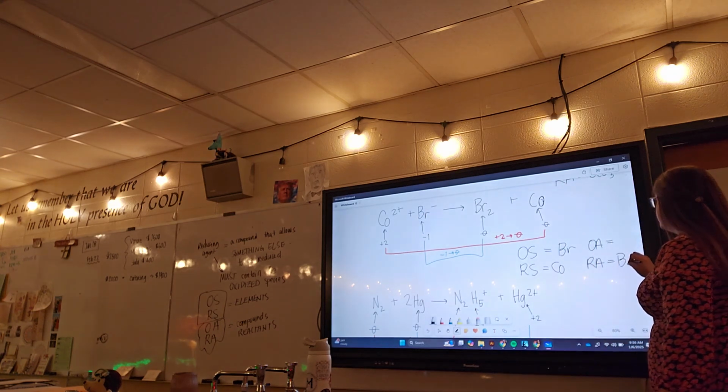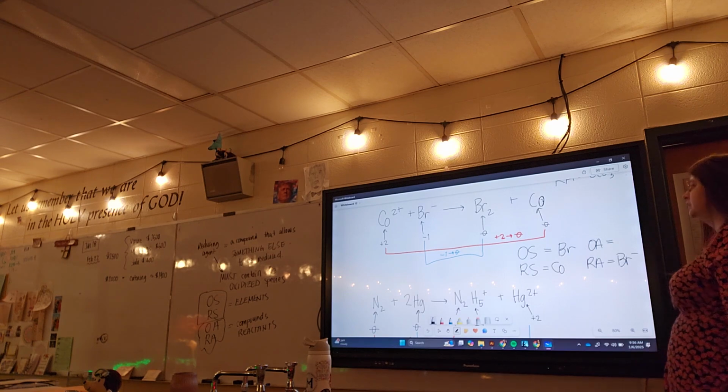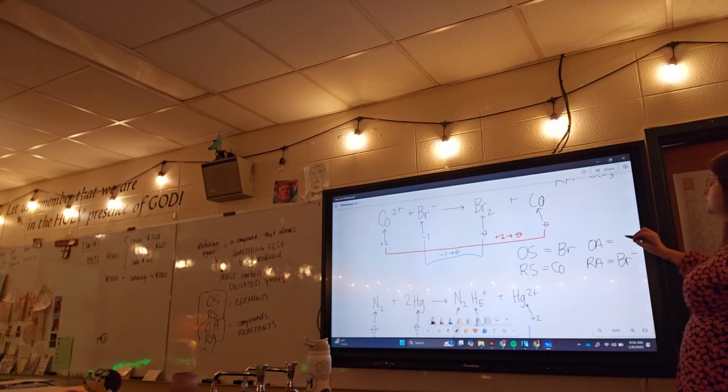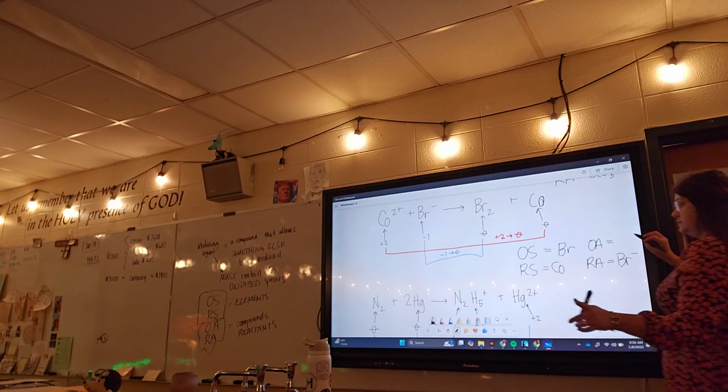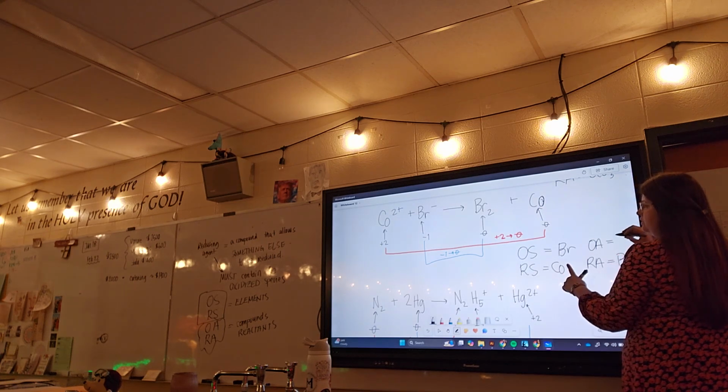And so this one is Br minus. Make sure that the minus goes with it, because Br plain is something totally different. Okay, for the oxidizing agent, you're going to do the opposite, but in the same way. So go and find cobalt, and what is its left-hand side of the equation thing?